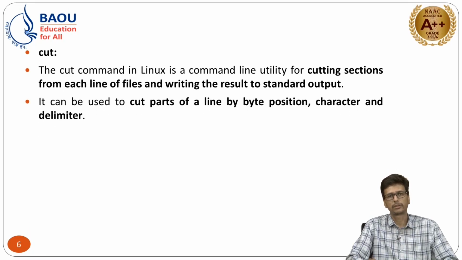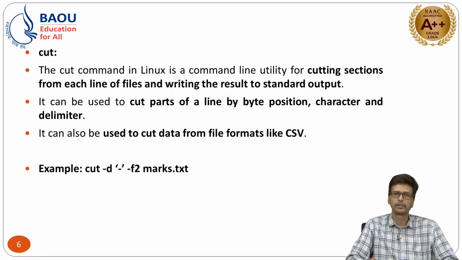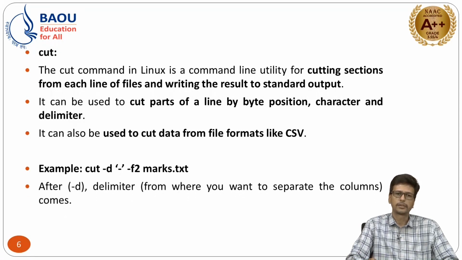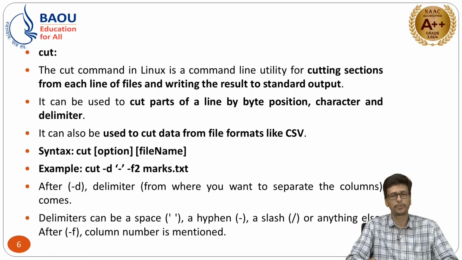So in short, if you want to cut some specific portion of a particular file, in that case you use this cut filter. It is basically used to extract data from a CSV file, as we have already discussed. The syntax is cut, then the options you have to apply, and then the file name.